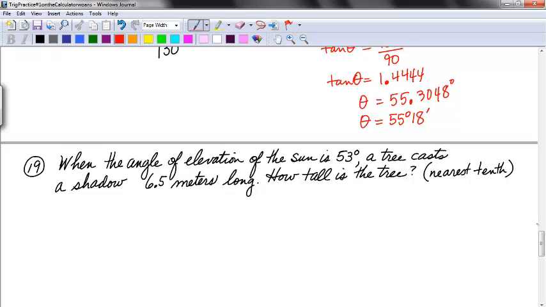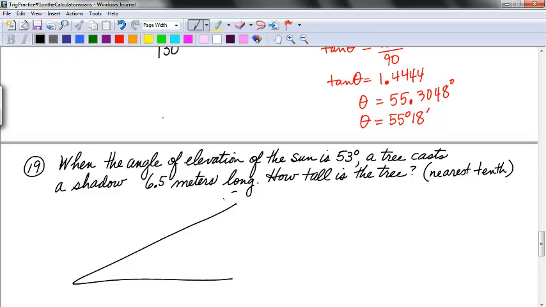The angle of elevation is from horizontal up. So picture-wise, you're going to have something like this.